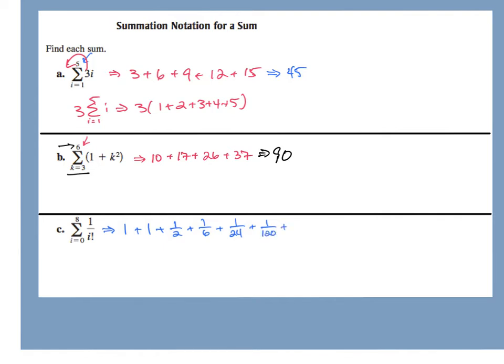And then 6 factorial, which is 720. And then 7 factorial, 5,040. And then 8 factorial, the last one, 1 over 40,320. All right, and what do we get?